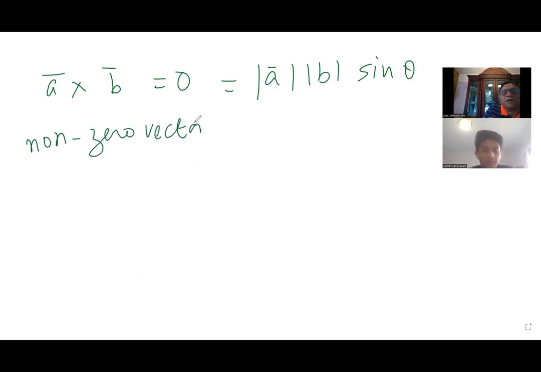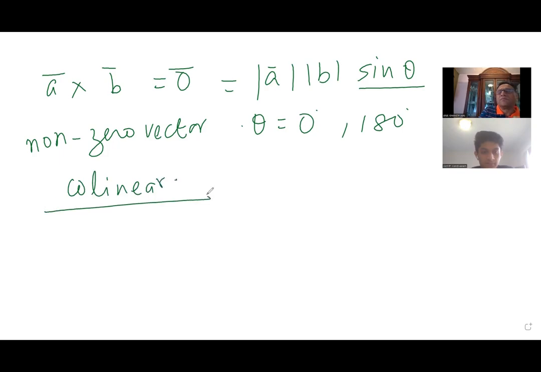The cross product could be 0 if one of the vectors is 0. But if they are non-zero vectors and the cross product is a 0 vector, it can be 0 only if sine theta is 0. So theta equals 0, or it could be 180 degrees. That means the vectors are collinear. Is that clear to you? Yes, sir.